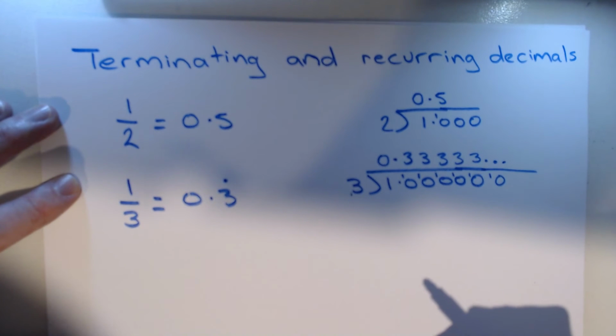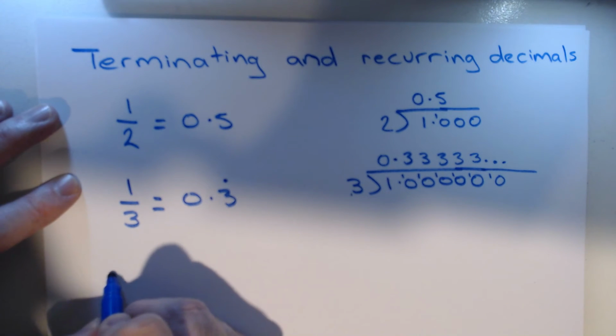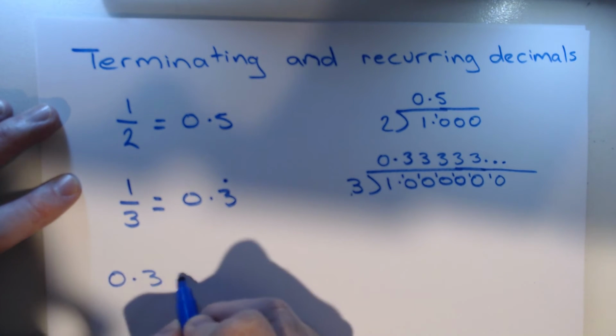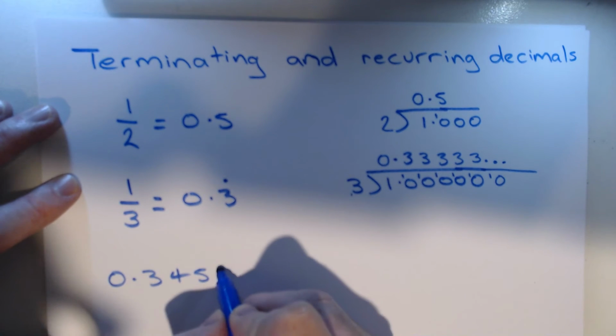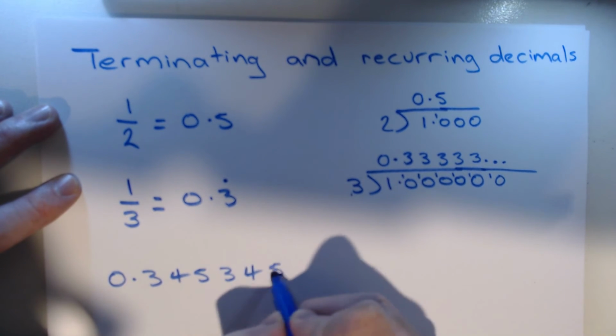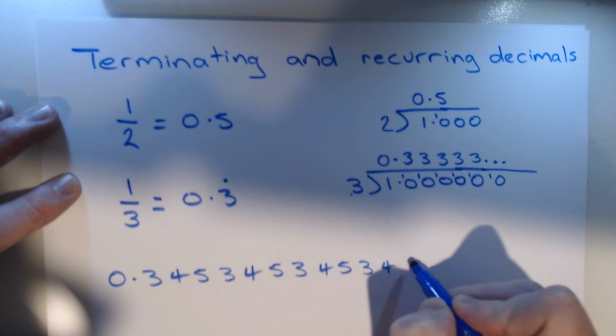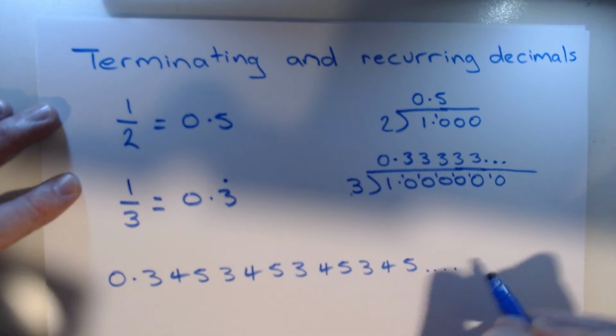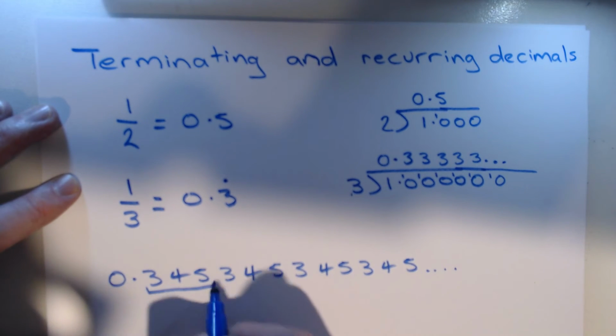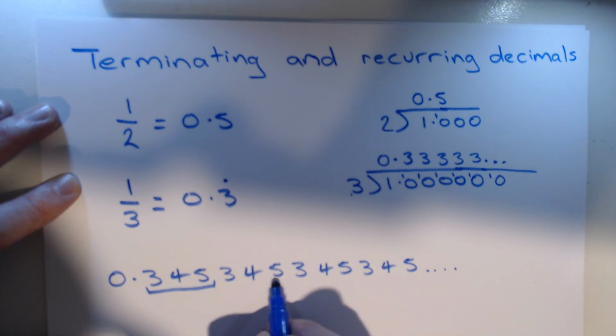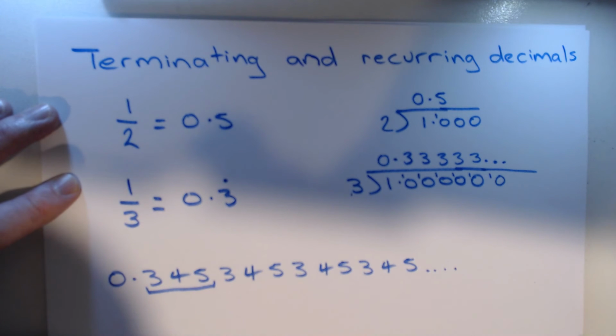There's other types of recurring decimals as well. Sometimes we'll have a pattern that repeats within our decimal. So you can see this example of a decimal has a repeating pattern 3 4 5, 3 4 5, 3 4 5, 3 4 5.